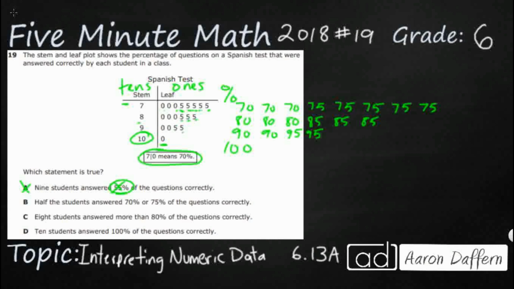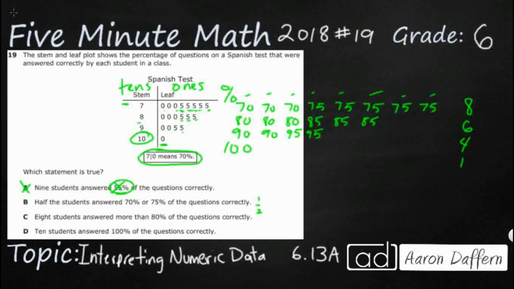So this is really just one of those deception answers for those that don't know how to read a stem and leaf plot. B: half the students answered 70 or 75% of the questions correctly. We can work with that. So half, exactly half. So we need to see how many total responses we have. We've got 1, 2, 3, 4, 5, 6, 7, 8. So there were 8 that did 70 and 75. 1, 2, 3, 4, 5, 6 that did 80 or 85. 4 and 1.